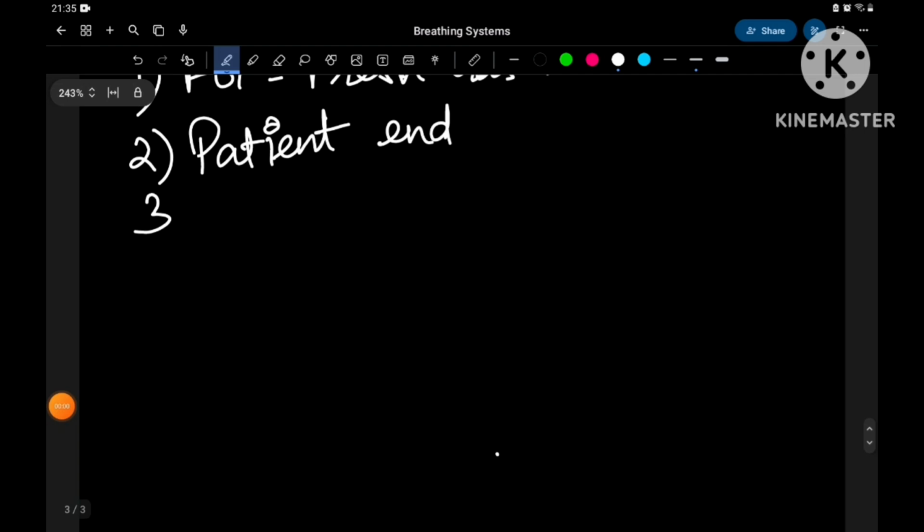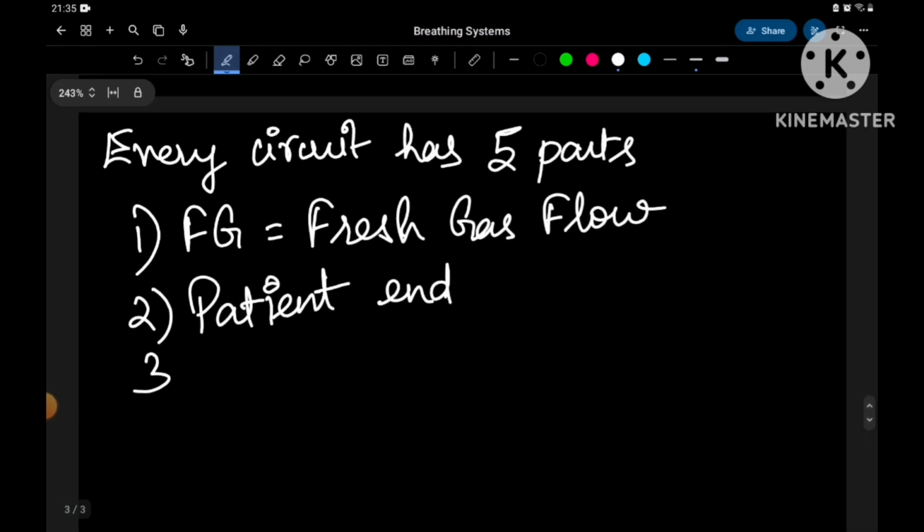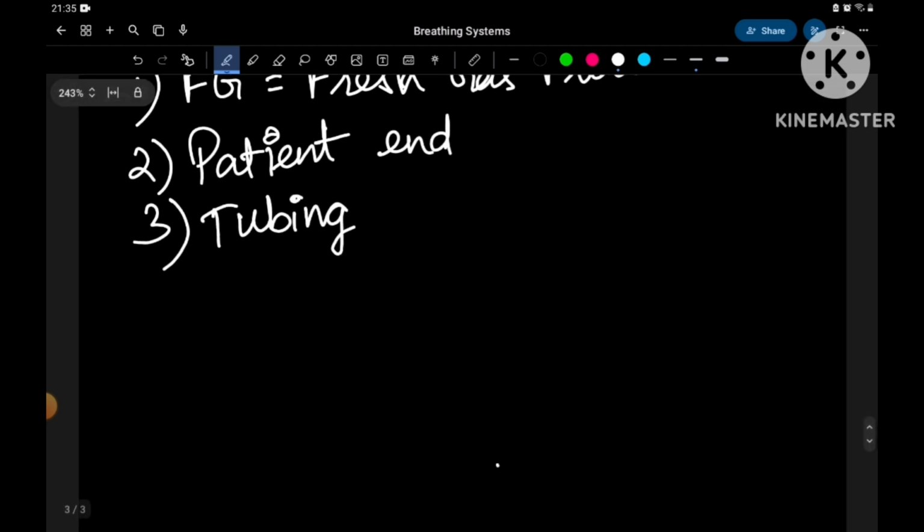Third one is tubing. Tubing in the sense, not necessarily corrugated tube. General tubing is also present. Next, APL valve.